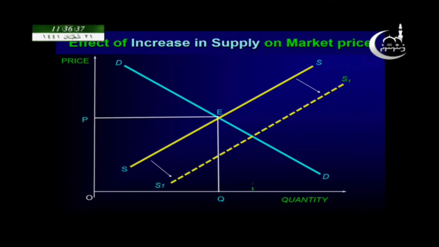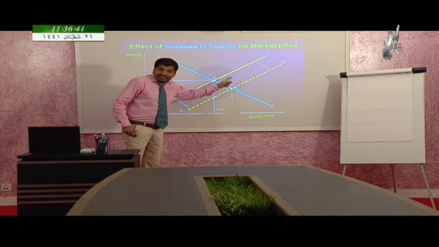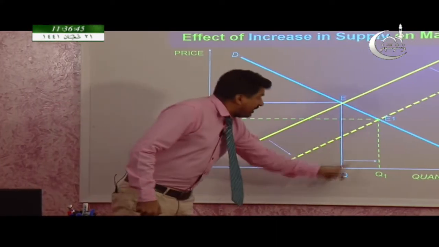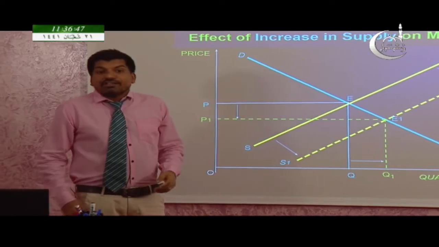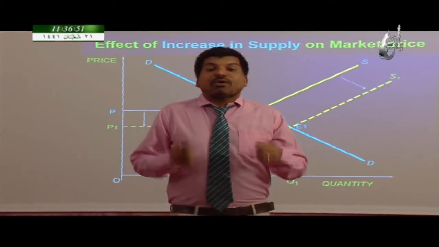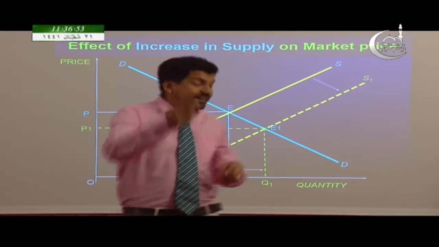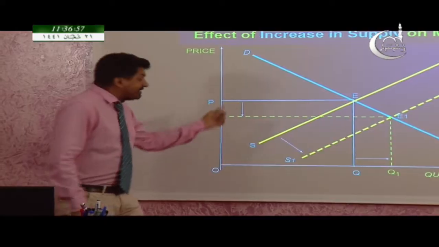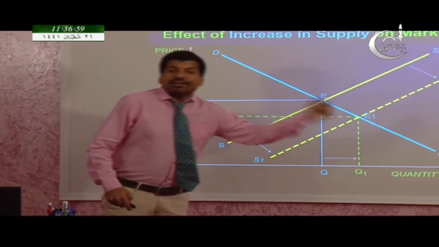As a result, we get the new equilibrium point E1. At this point, what is the equilibrium price? P1, and the equilibrium quantity increased to Q1. So what is the impact of an increase in supply on market price and market quantity? Yes, exactly. An increase in supply will decrease the market price and increase the quantity.